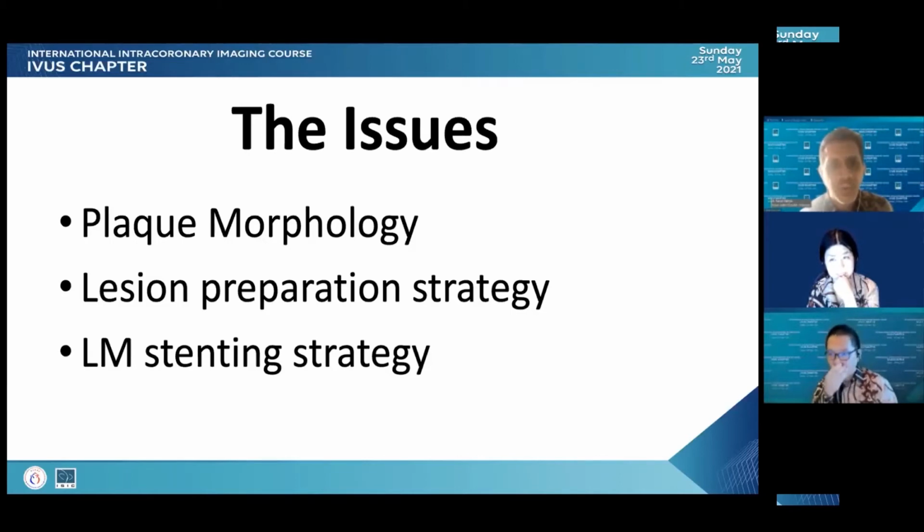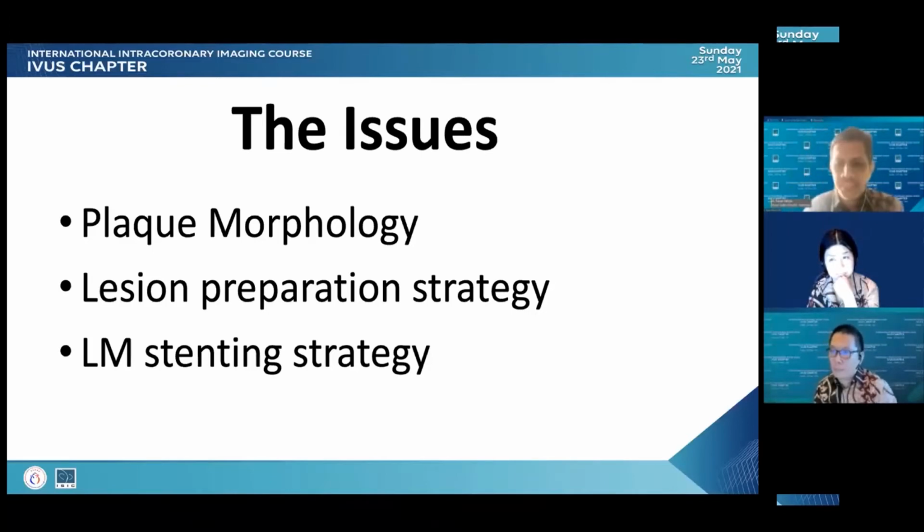So we cannot just let it be, but we have to do lesion preparation well before stenting. Otherwise, the stent does not expand well, and the situation will worsen.